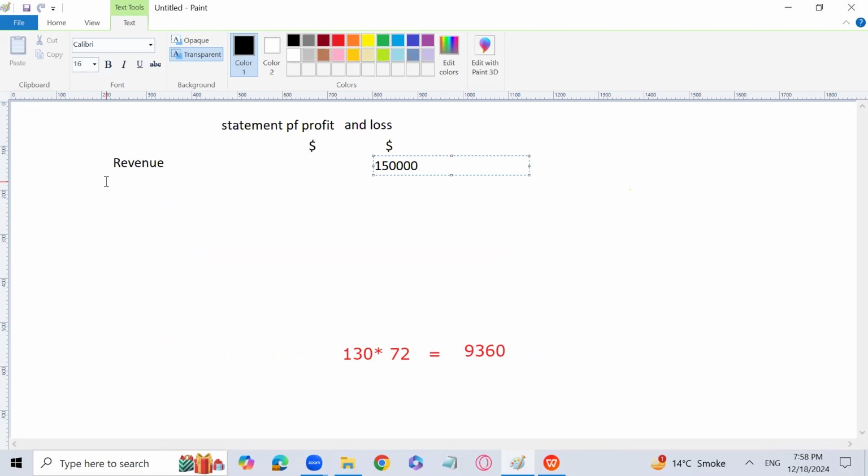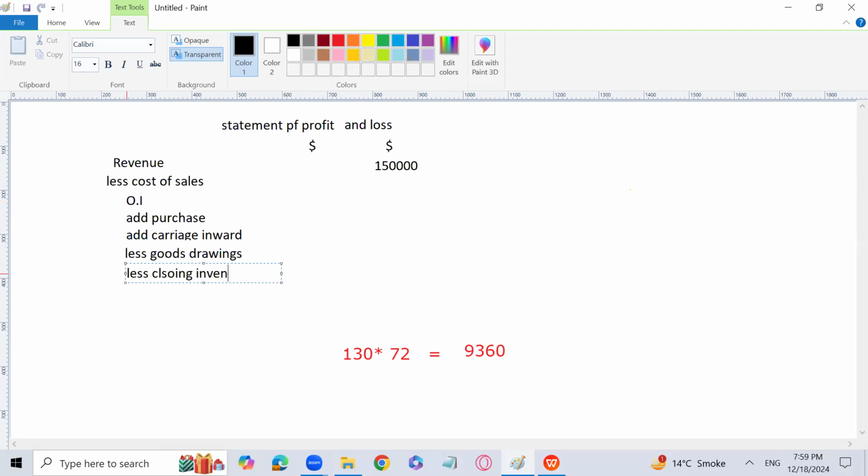1,50,000 less cost of sales. We used to subtract. Normally we have an opening inventory, but as the business has newly started, there is no opening inventory. So we'll go for purchases, and then we will also add carriage inward, and then we will less goods drawing, because goods drawing will be subtracted from this, and then we will subtract less closing inventory, which we have already calculated.